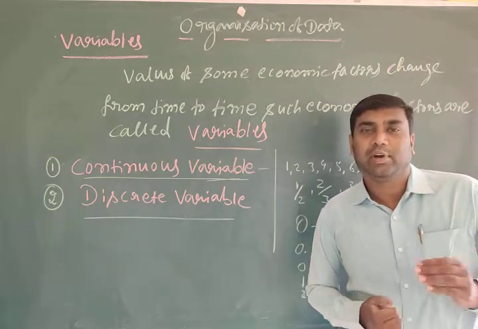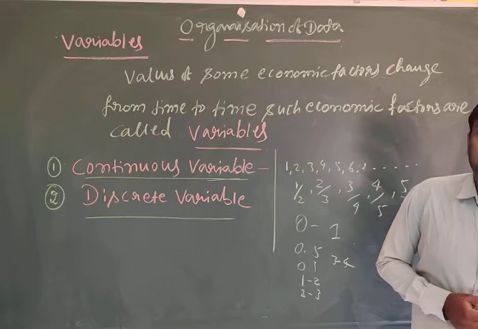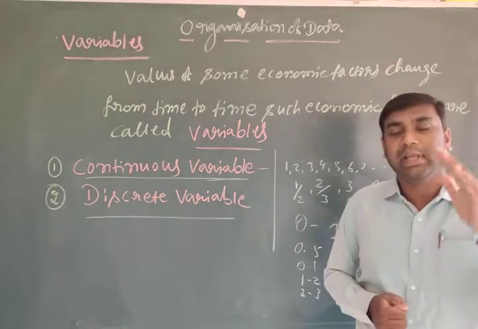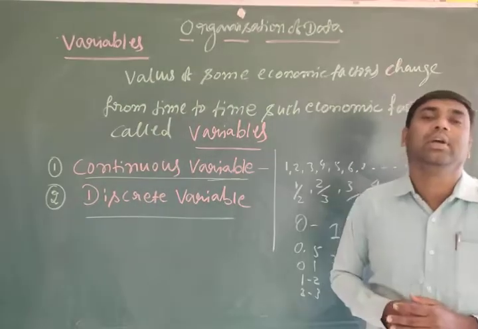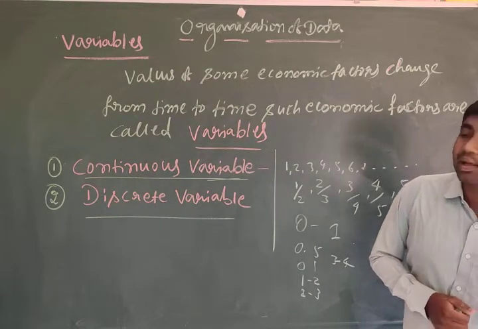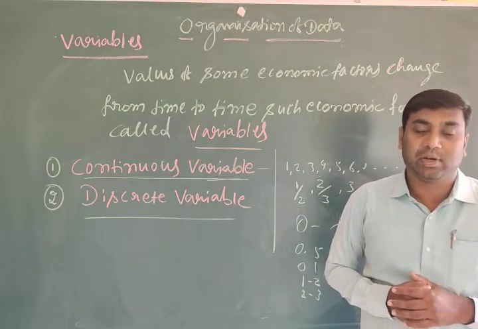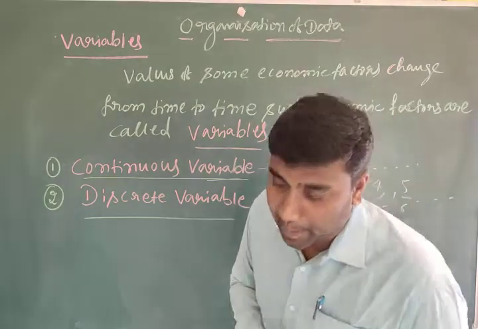Even weight: 40.5, 43.4, 43.8, 50, 52, 53. So height, weight, even time and distance, all these we can calculate with the help of a continuous variable. That is called a continuous variable.